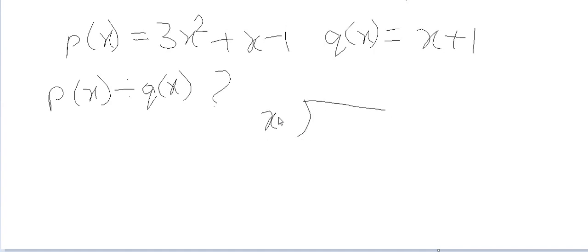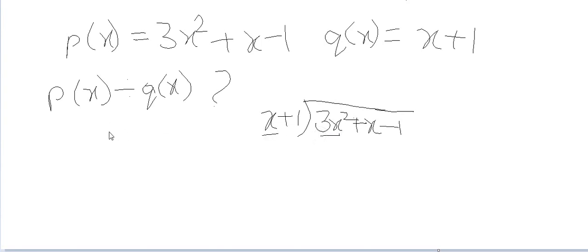I will write x plus 1 here and 3x squared plus x minus 1. This is what we used to write for numbers. So first of all, while dividing this, I will take the first term from here and the first term from here.